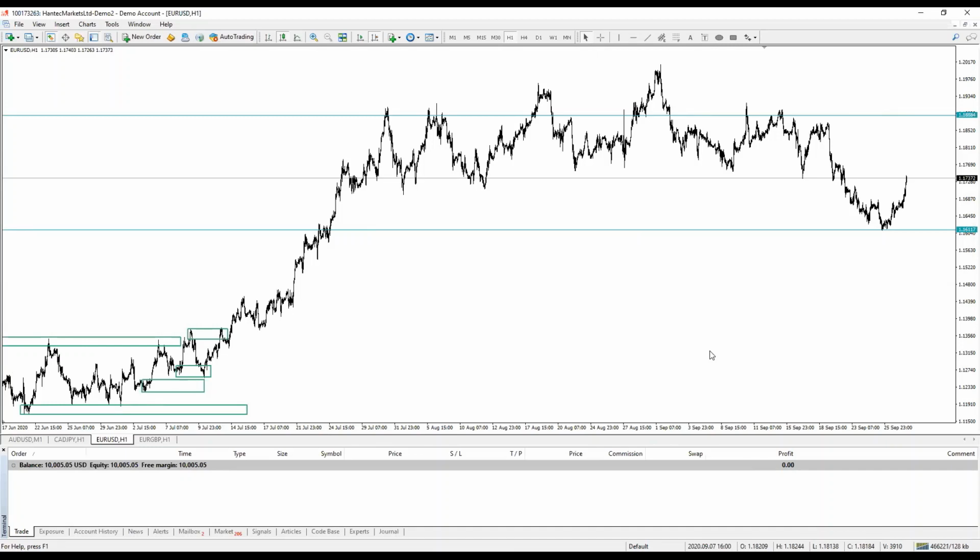Which candle would you recommend is best to get in on, Rami asked. I'm not a great fan of candlestick formations. I'm looking at price, and I'm looking at what price achieved.